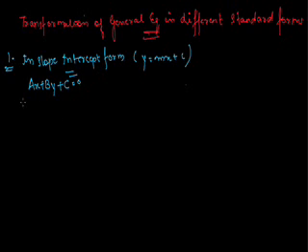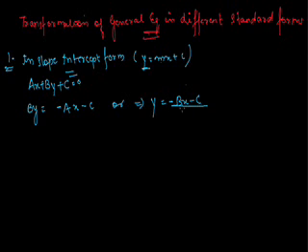So by this we can say that by equals minus ax minus c. Because I have to change it into y equals mx plus c, I'll be bringing this b down in the denominator, so it will be minus ax minus c upon b.